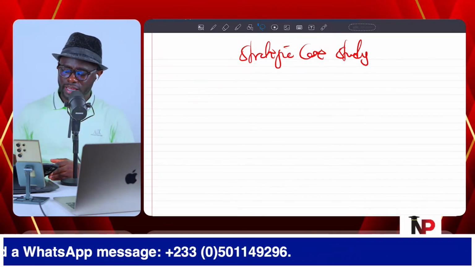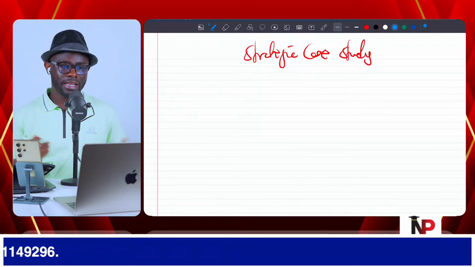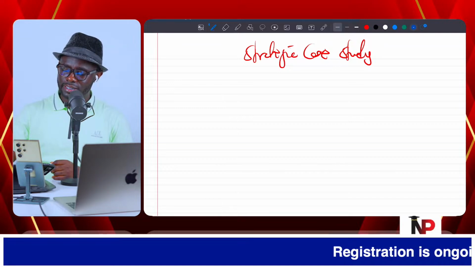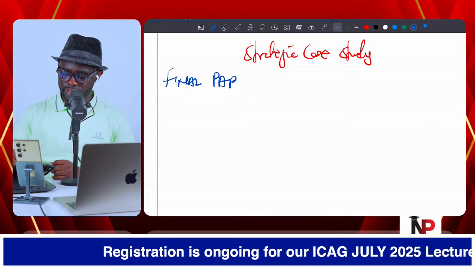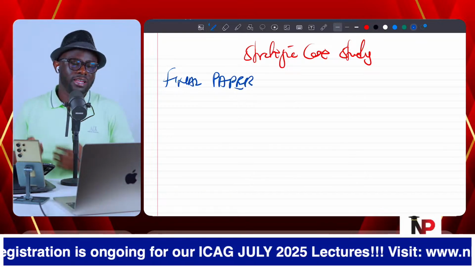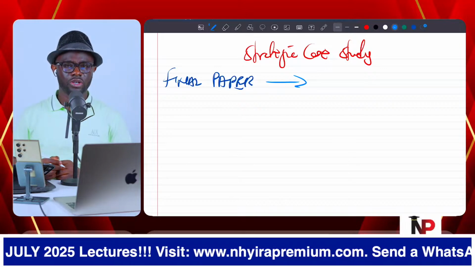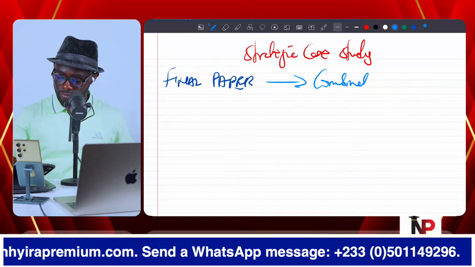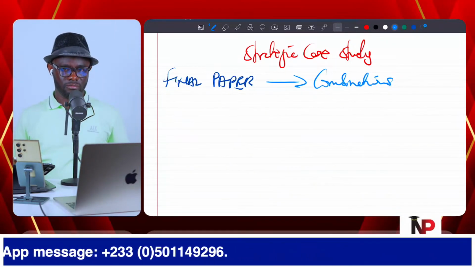What you must understand in respect of strategic case study also is that, as the name suggests, strategic case study. But actually, strategic case study is the final paper you are expected to write before you become a chartered accountant. Why is that the case? Because strategic case study is a combination of many other things that you've learned already.